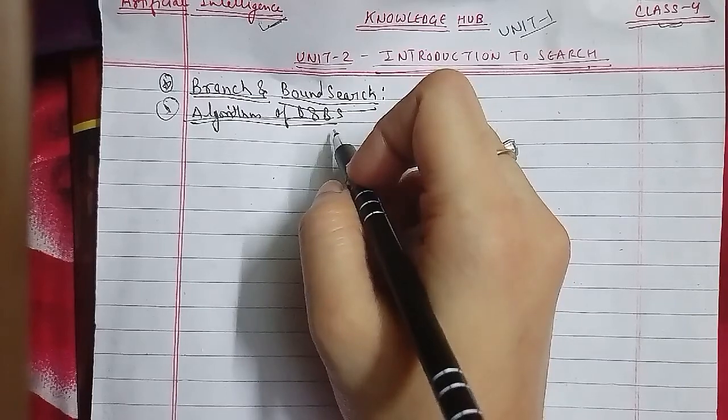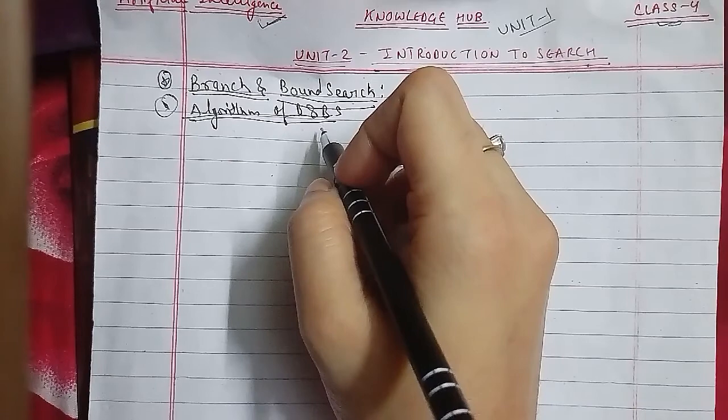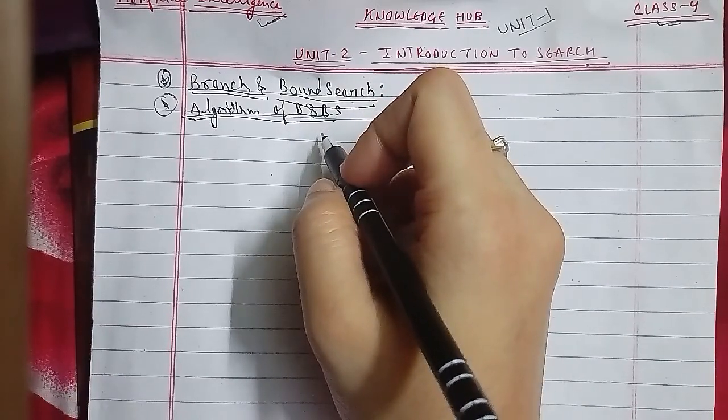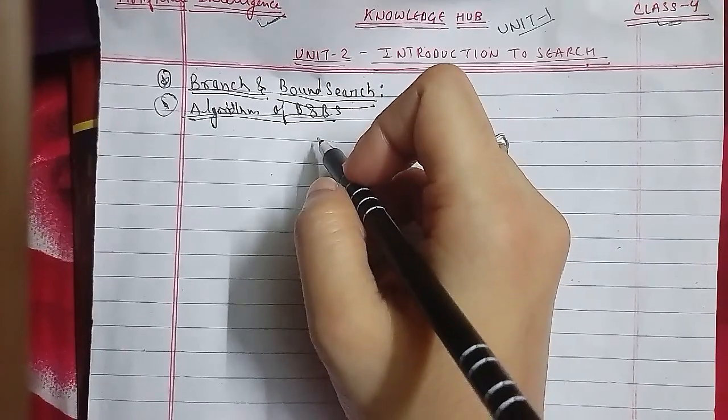So let's go ahead with this. We have to discuss how the branch and bound technique could be used to find the shortest path solution to the traveling salesman problem. That is what we have to discuss. Let's go ahead.